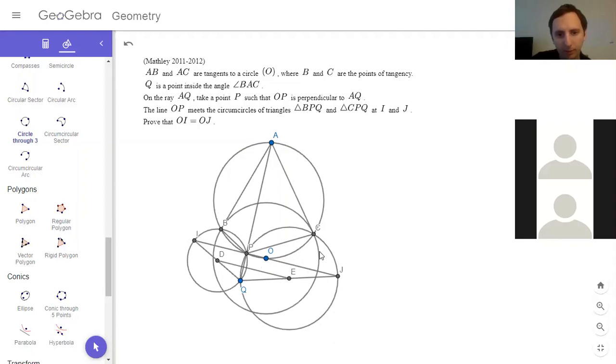And the power of J with respect to that circle is JP times JO. So if you add the two, it's, let's see.